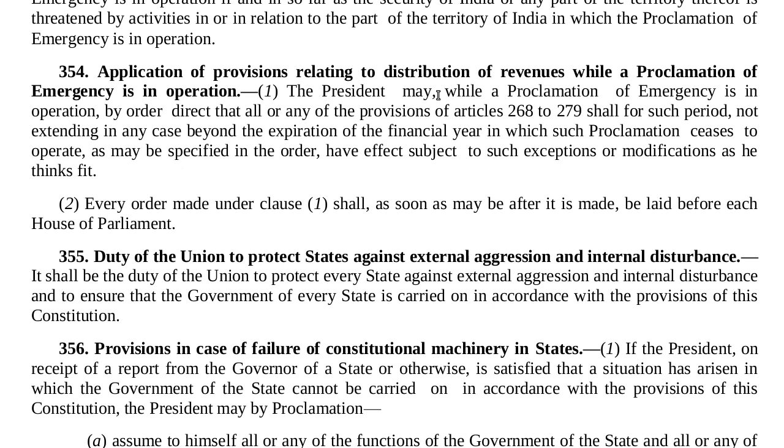The President may, while a proclamation of emergency is in operation, by order direct that all or any of the provisions of Article 268 to 279 shall for such period not extending in any case beyond the expiration of the financial year in which such proclamation ceases to operate, as may be specified in the order, have effect subject to such exceptions or modifications as he thinks fit. 2.